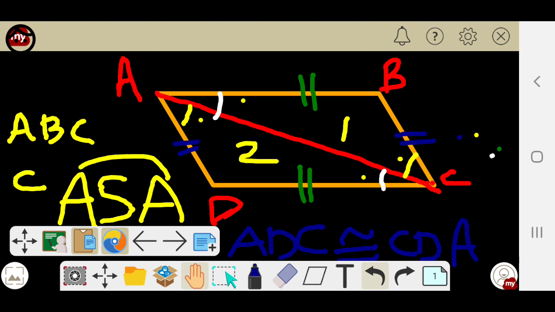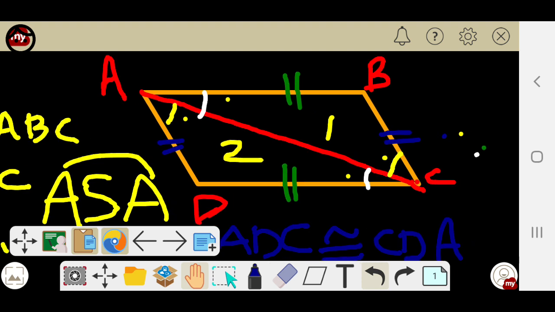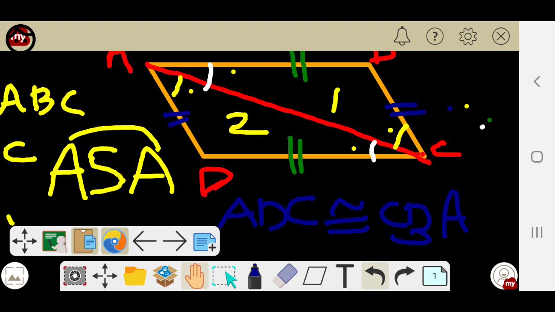So while starting from A of the second triangle, you have to start from C of the first triangle because they are equal. Then for angle D and angle B, we know that opposite angles are equal. So angle D corresponds to B. That is, triangle ADC is congruent to triangle CBA.